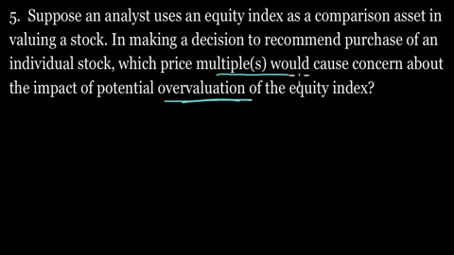But again, as I pointed out, if we're using it to value a particular stock, and if an equity index is overvalued, whereas I think the S&P 500, this is February 2017 that we're looking, is somewhere between 23 and 2400, I would say the S&P is overvalued. If we were looking at relative valuation, though, everything's overvalued.